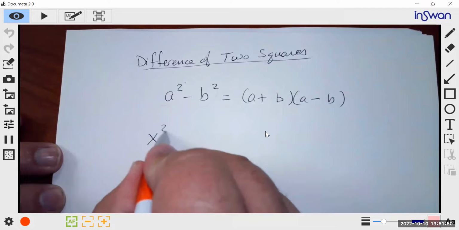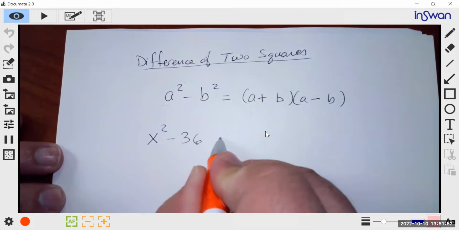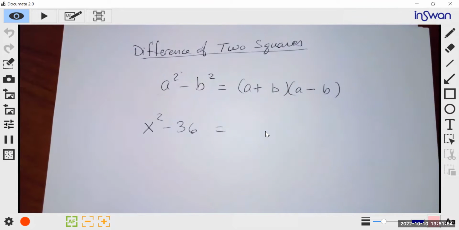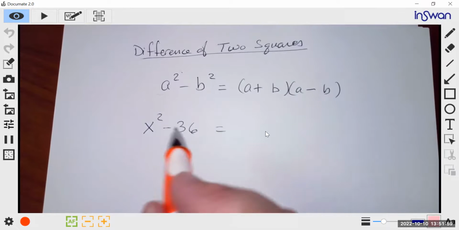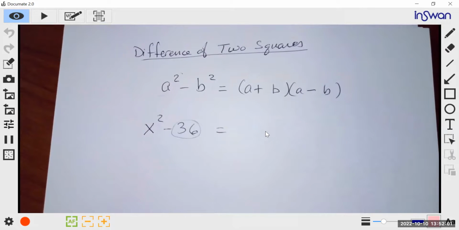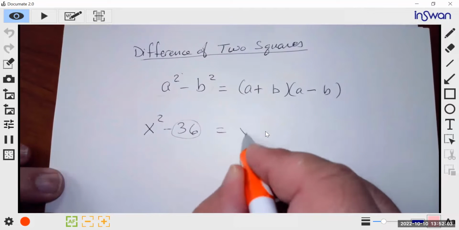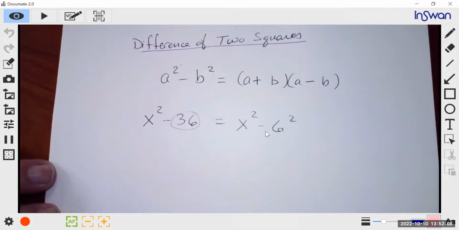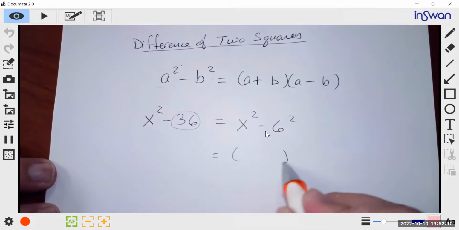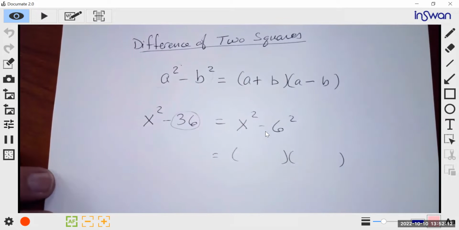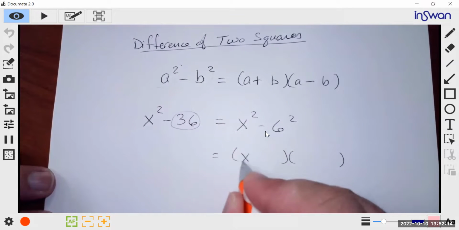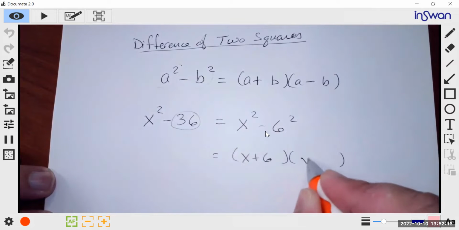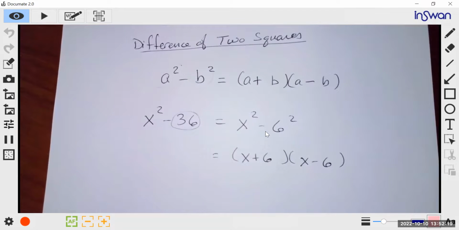So if I had, is this the difference of two squares? What's 36 made up of? 6 times 6. So it's x squared minus 6 squared. So therefore, the factored form of this would be what? Yep, that's the difference of two squares.